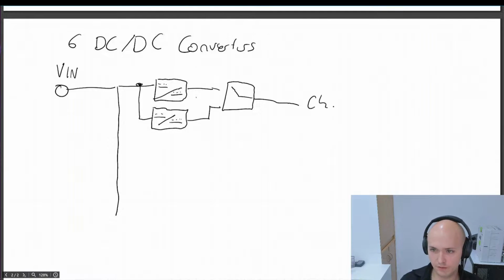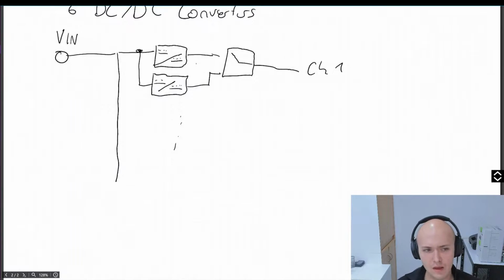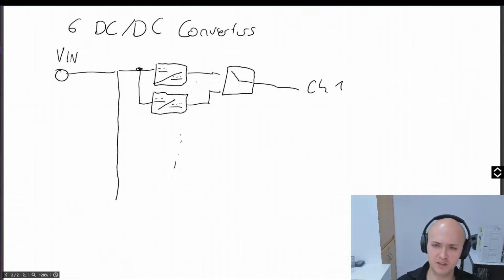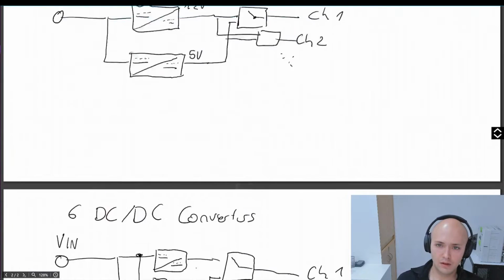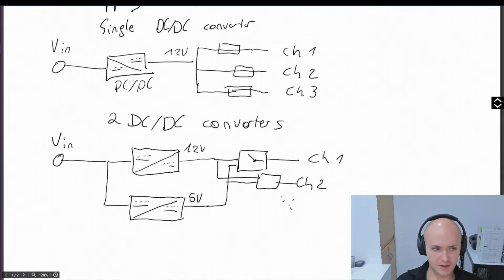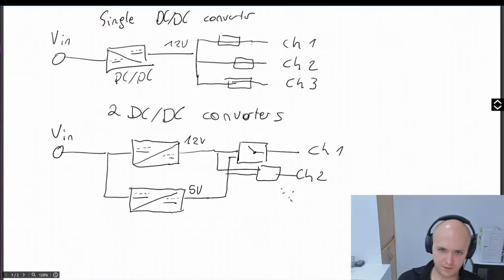And then you have channel 1, and so on and so on. I won't draw it all up. The implication of such a design would be that we drive most of the converters at almost the maximum output current they can output. This is of course not that good because with the higher output current, the efficiency goes down a little bit. With such designs like above here, we could get better efficiency as long as we don't use all the available current.